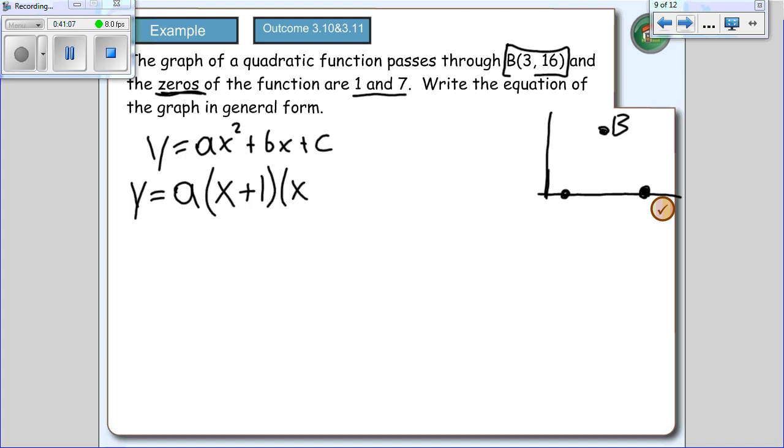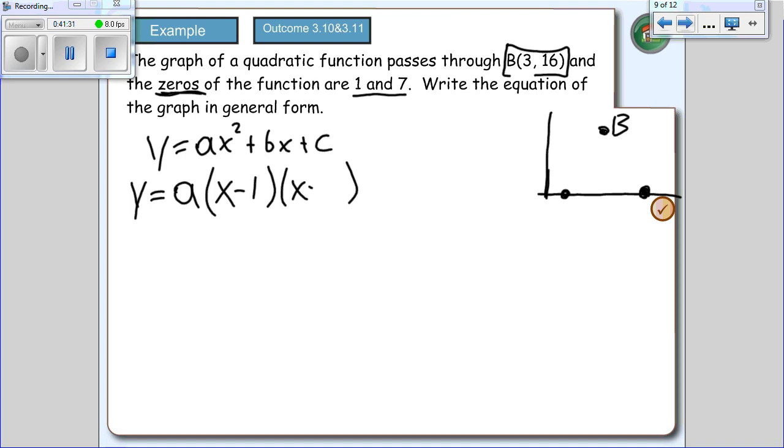We want our x-intercepts to be positive 1 and positive 7, so these have to be opposite. It has to be x minus 1, x minus 7. Now what are your x-intercepts? 1 and 7. Bingo.